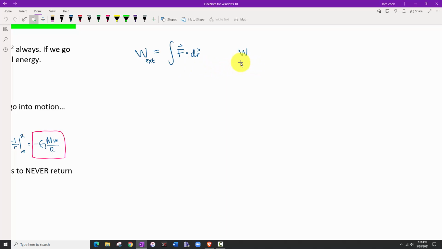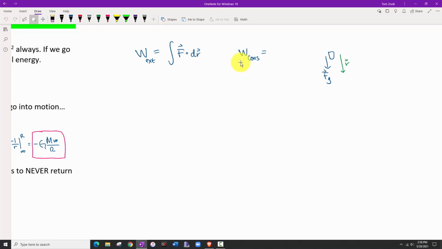We also said that if you were to do work from a conservative force, conservative forces always wanted to try to minimize potential energy. So for instance, an object that was falling due to the force of gravity would have a displacement, r, that was in the same direction as the force.